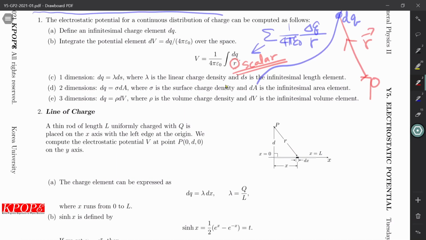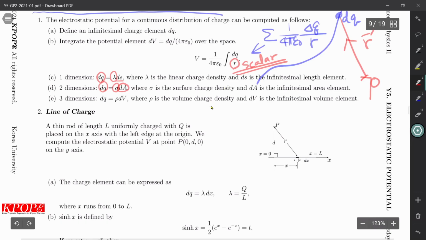So, in case charge is distributed over a curve, then dq is the linear charge density multiplied by the differential of the length. If the charge is distributed over a surface, dq is expressed in terms of the surface charge density multiplied by the differential area.